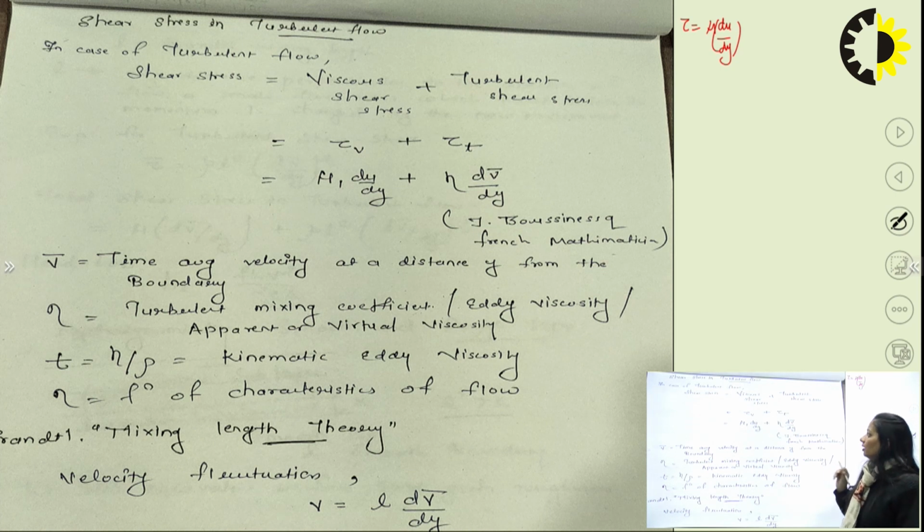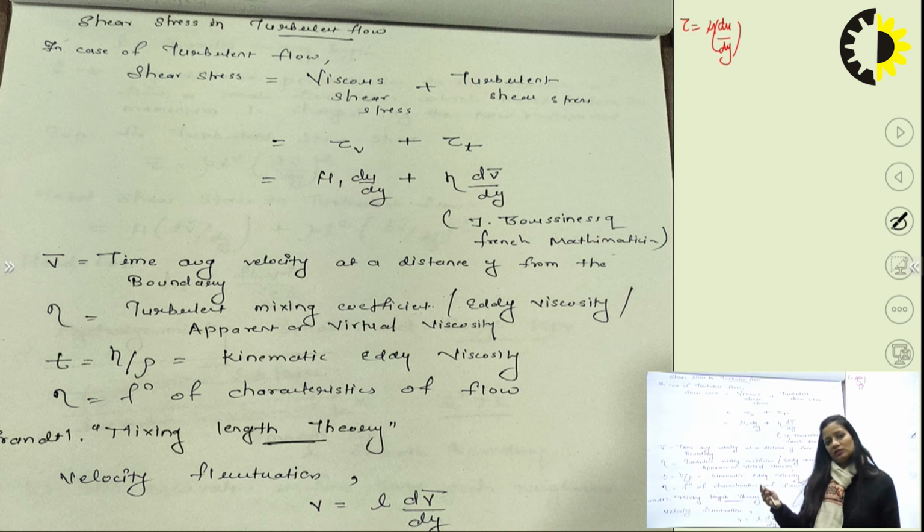Now, any kind of turbulent flow where the fluid is also viscous, there must be a viscous stress also. Besides this viscous stress, there must be a turbulent shear stress also.